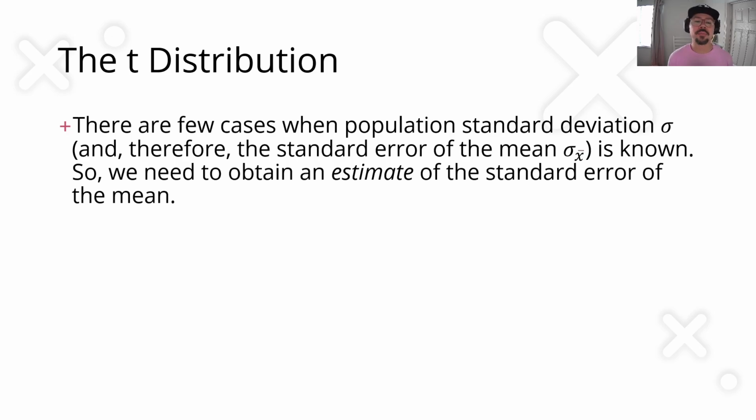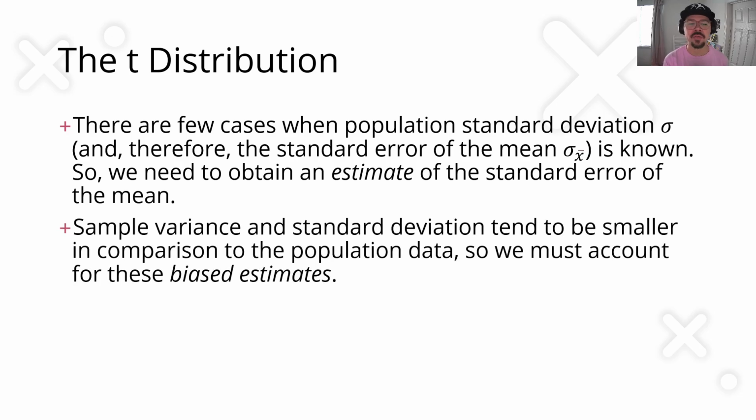So, because we can't necessarily calculate the standard error of the mean, we need something to obtain an estimate of the standard error of the mean. Sample variance and sample standard deviation tend to be smaller in comparison to population data, so we must account for these biased estimates. Which is all to say that we can determine the standard deviation and variance for a sample.